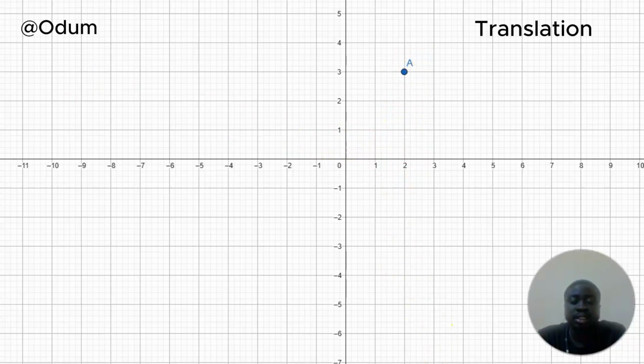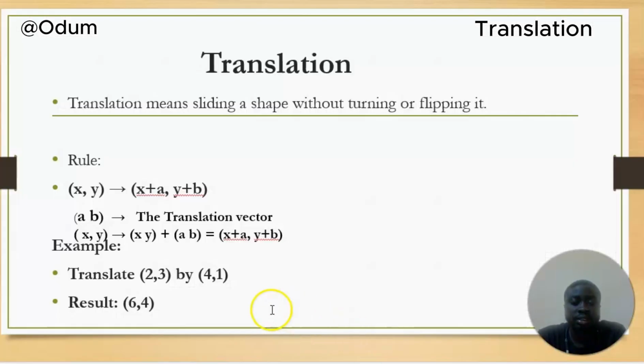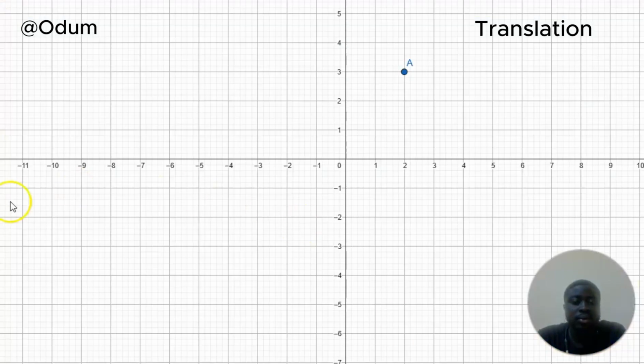Now our translation vector is (4, 1). Since x is 4, you can stand anywhere, and then you move 4 units to the right.